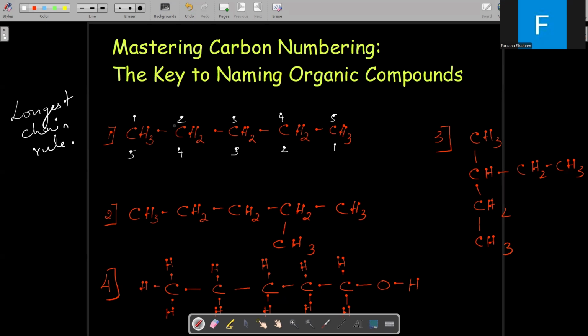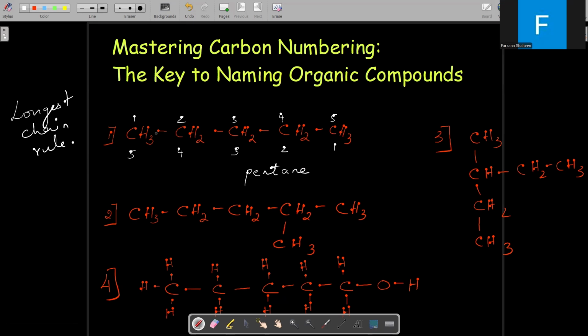So now when I number it, I get 5 carbons in this particular structure. So 5 means the root word is pent, and I don't find any other bonds except for single bonds. So my suffix will be ane. So the name of this compound is pentane.